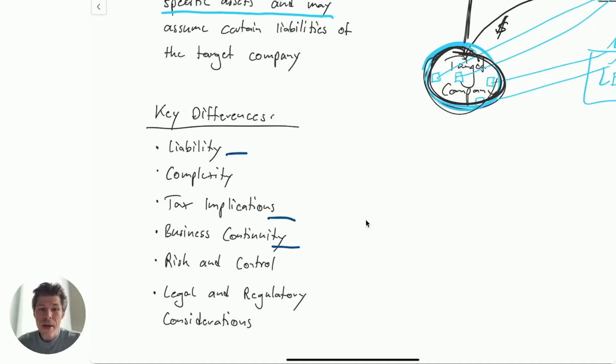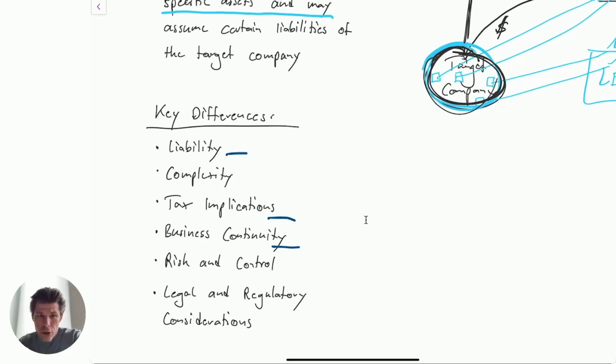Employee relationships may also need to be transferred to the buyer, potentially requiring new employment agreements or consultation with employee representatives as dictated by local labor laws. Risk control. Risk is a bit higher in a share deal because sometimes you don't know what you get because you basically assume everything, all the liabilities and potentially operational issues.